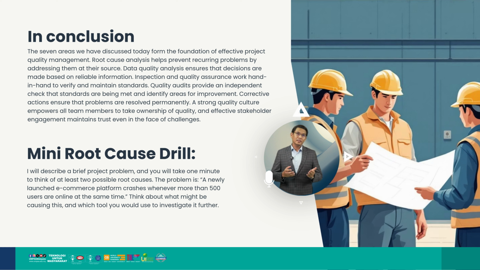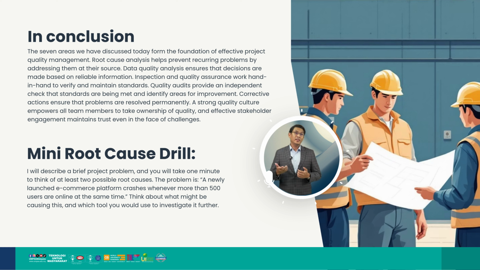Quality audits provide an independent check that standards are being met and identify areas for improvement. Corrective actions ensure that problems are resolved permanently. A strong quality culture empowers all team members to take ownership of quality, and effective stakeholder engagement maintains trust even in the face of challenges.